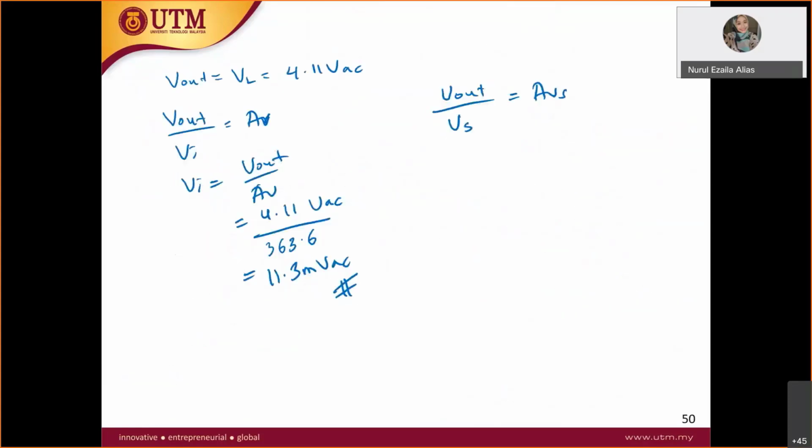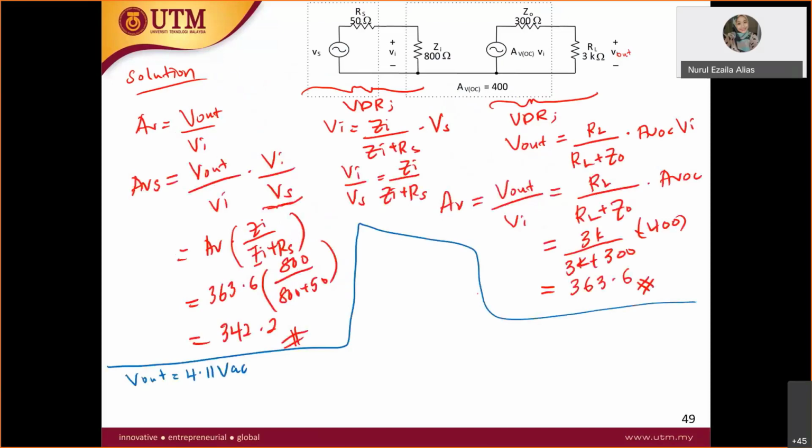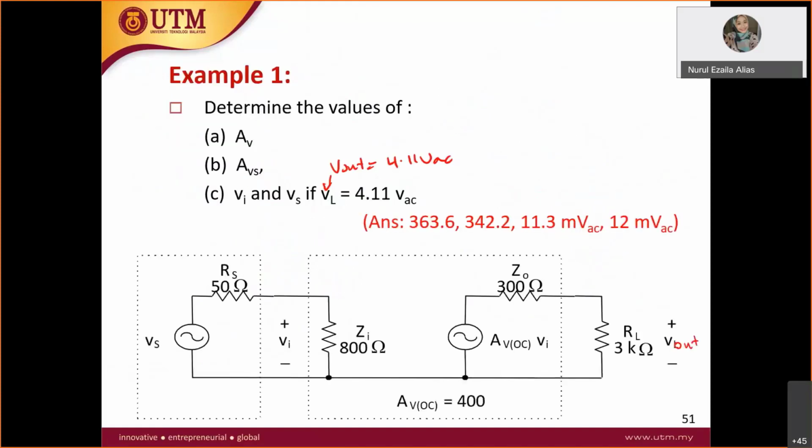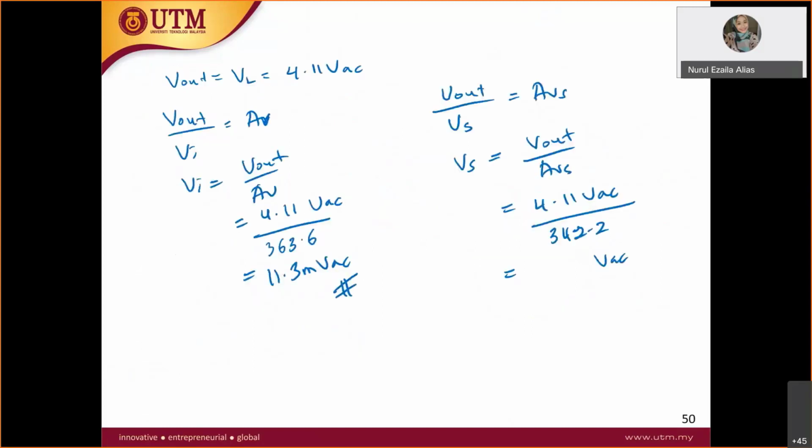So VS is equal to V out over AVS, which is 4.11 VAC over 342.2. How much is it? 12 milli. Is it correct? Yes.